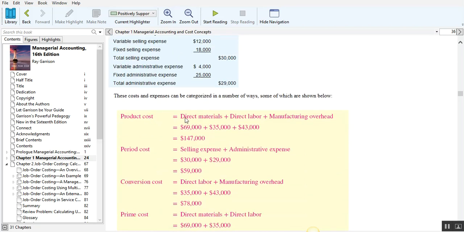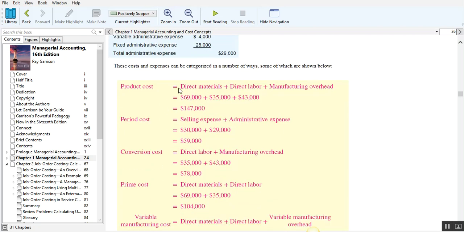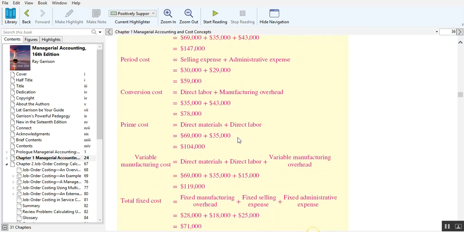Now, if we look at the terminology, we're going to talk about what product cost is, and this is going to be through formula. We're going to think about product cost as direct materials plus direct labor plus manufacturing overhead. We're going to add all those up to get product cost. Period costs are going to be these two overhead costs, and then conversion cost is the direct labor plus manufacturing overhead.